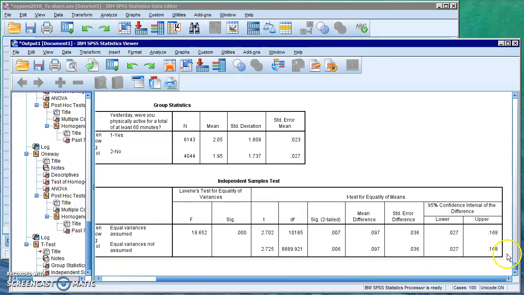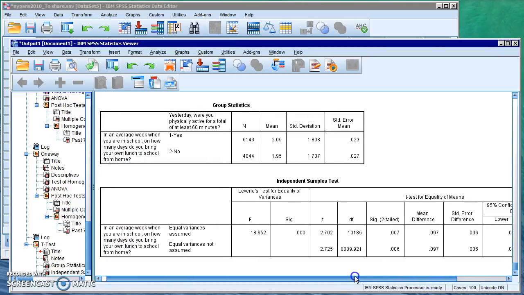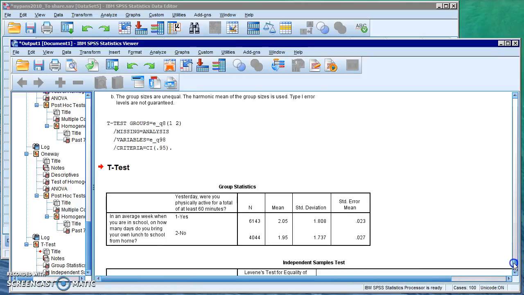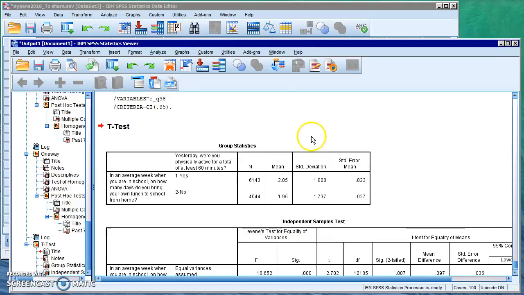And we can safely say from this finding, in finding that it is significant, that there are differences between those who are physically active for at least 60 minutes and those who are not, in terms of the number of days they bring their own lunch to school.